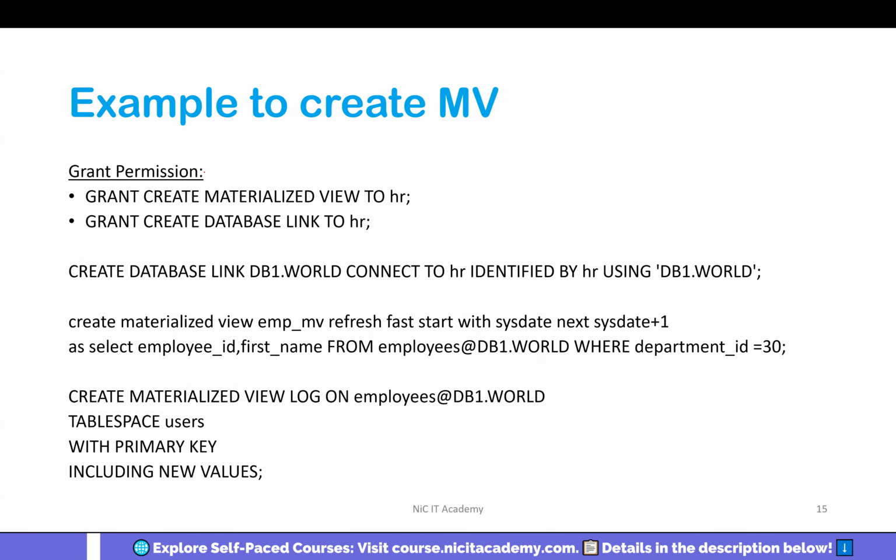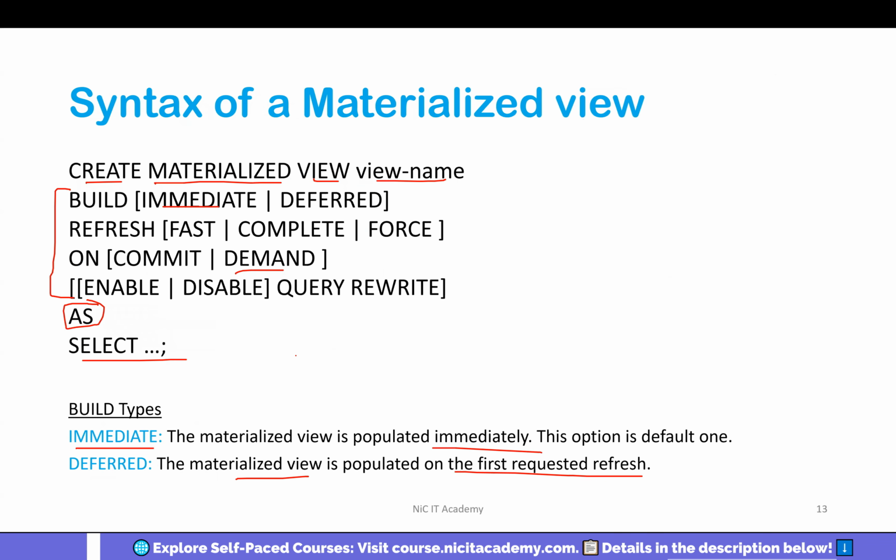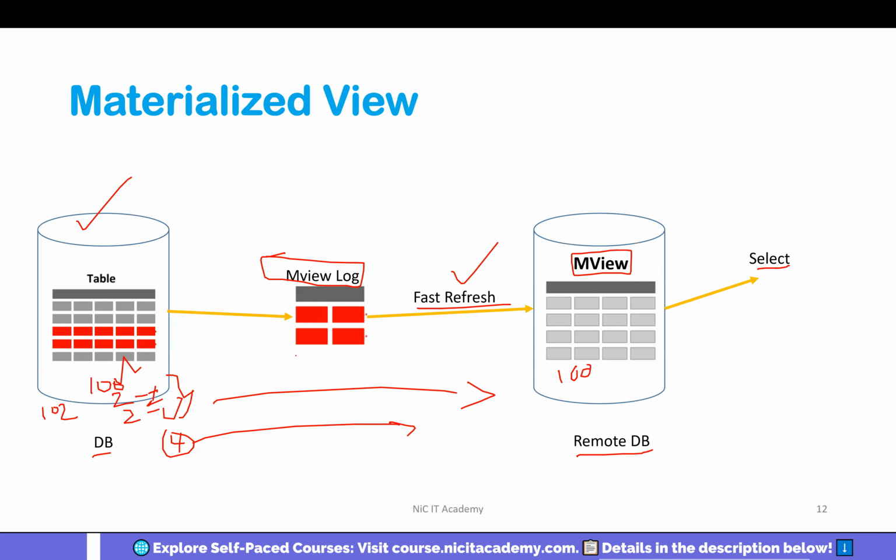So, an example to create a materialized view. Okay, so are you clear? What is a materialized view? How to create a materialized view? What is a materialized view log?